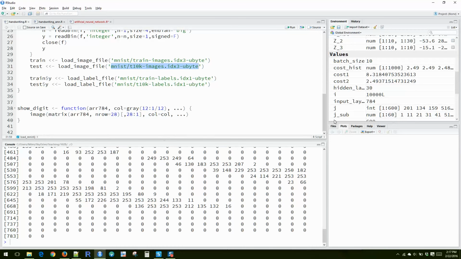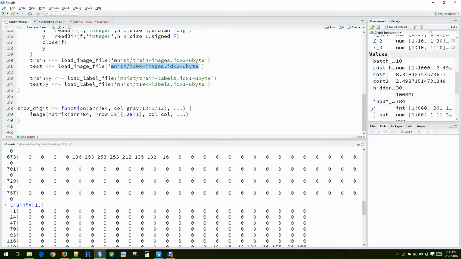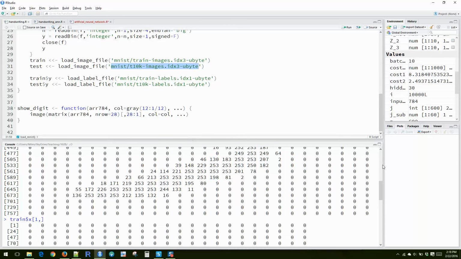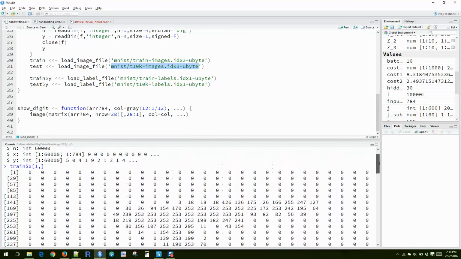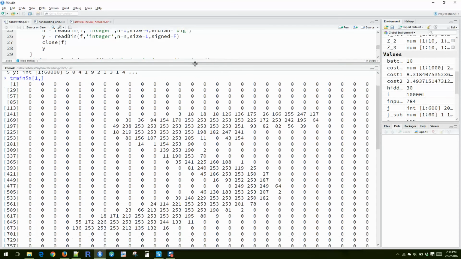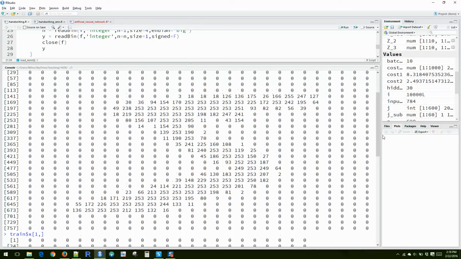Well, because the image is 28 by 28, if I resize my window so that it displays 28 numbers across, and I ask for the printout, you can almost see the image itself, because where the zeros are, it's almost like it's white there, and when the numbers are dark, like 253, 255, it looks dark, and so you can almost recognize, what number is this? It looks kind of like a 5, right?